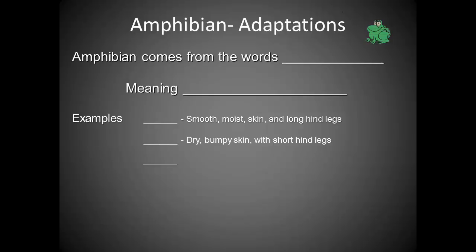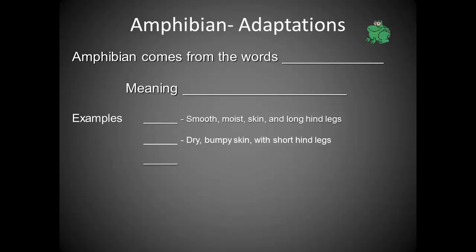So they needed to be able to move on land, but what else was even more important? That they could breathe air, because fish can't breathe air. So the development of lungs was a big step into allowing some fish to evolve and become amphibians.